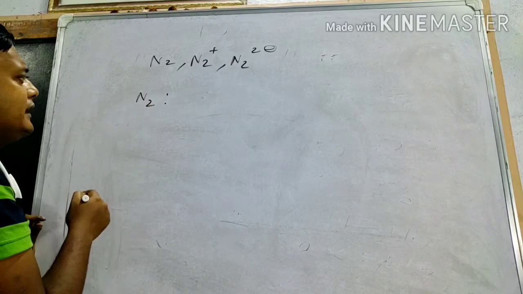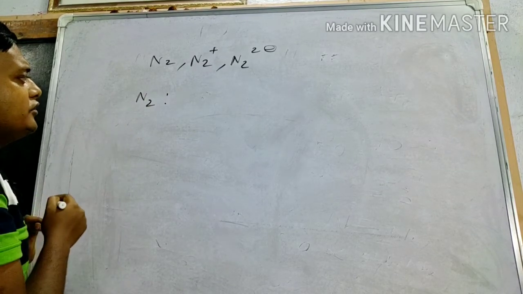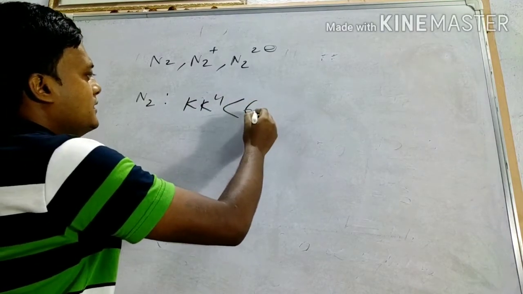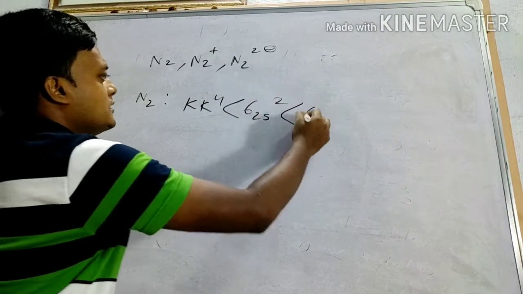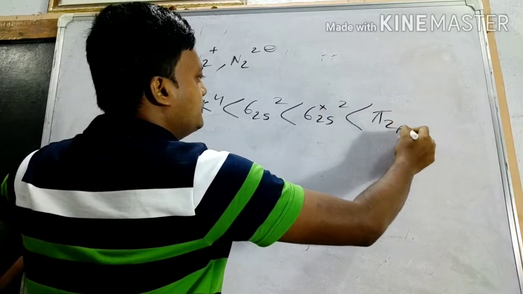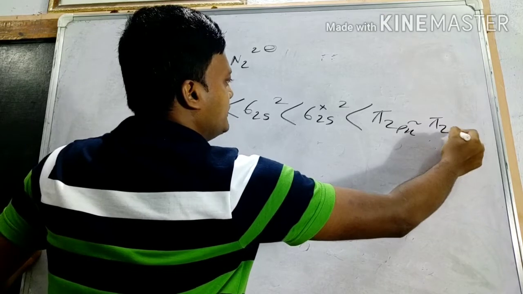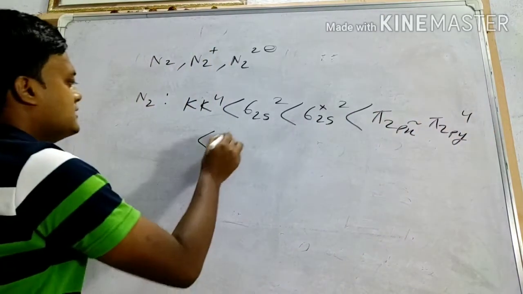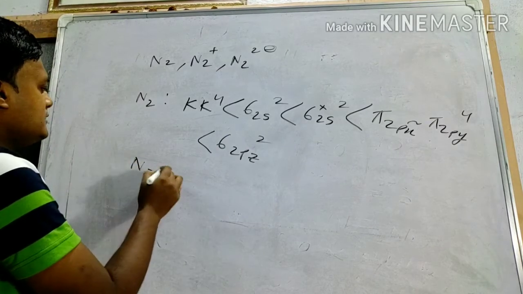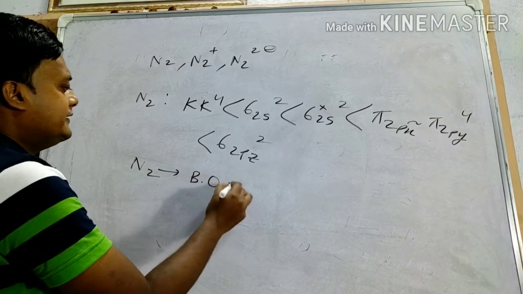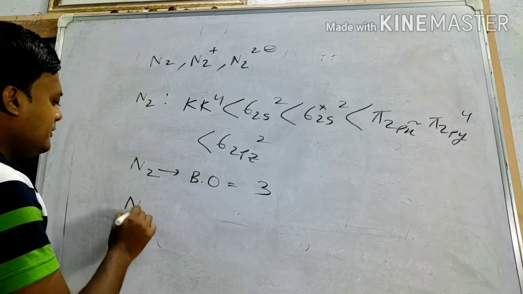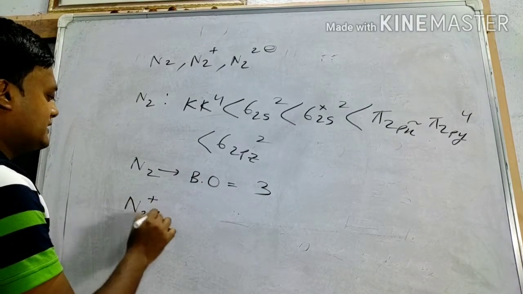Now, we already learned the molecular electronic configuration of N2. KK4, sigma 2s2, sigma star 2s2, pi 2px, pi 2py 4, sigma 2pz 2. For nitrogen we already calculated the bond order as 3. Now what will it be for N2 plus?